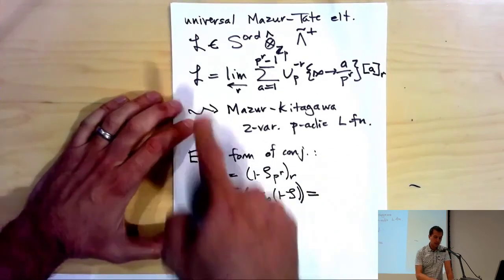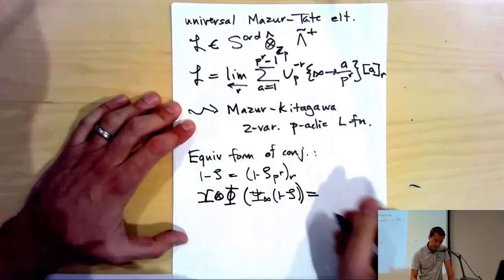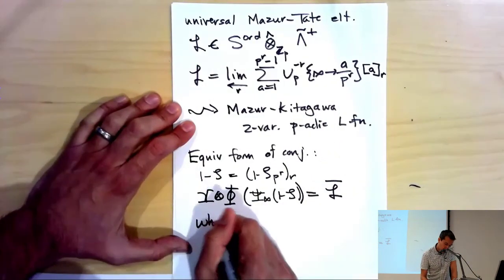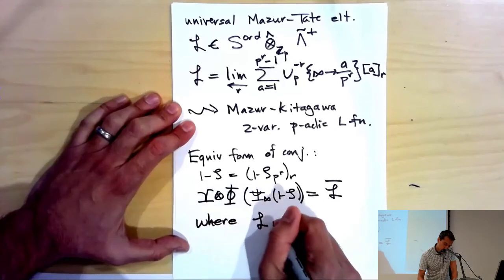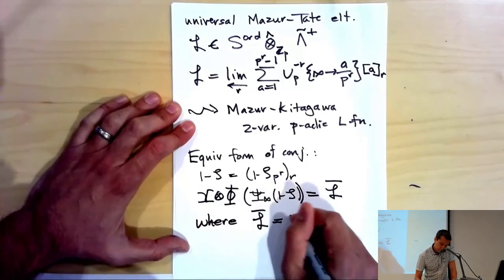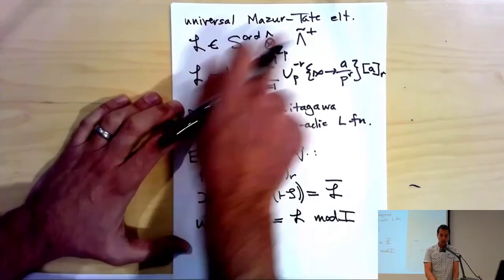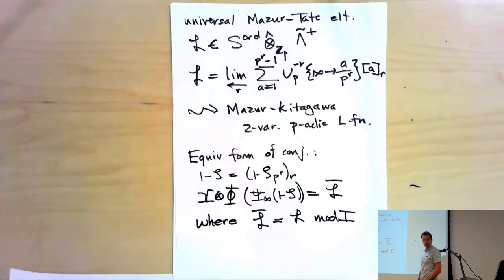And the answer is I get this L mod I, or if you like, the image of L in S mod IS tensor lambda tilde plus.